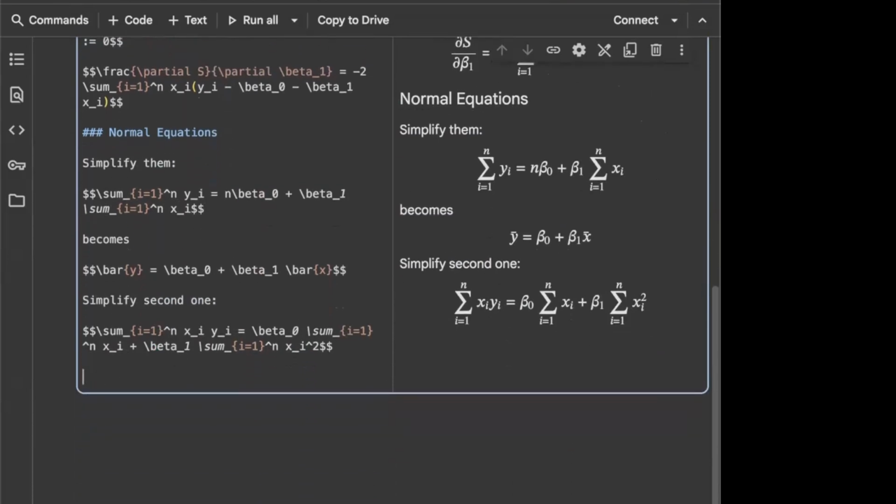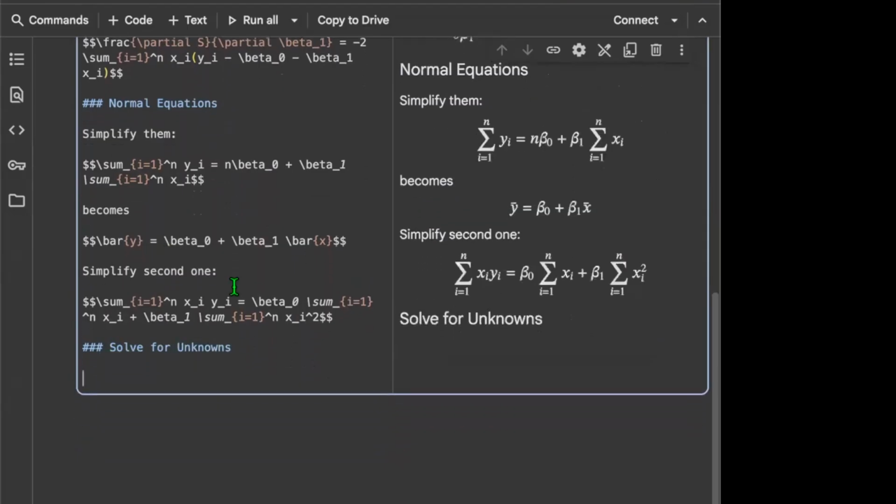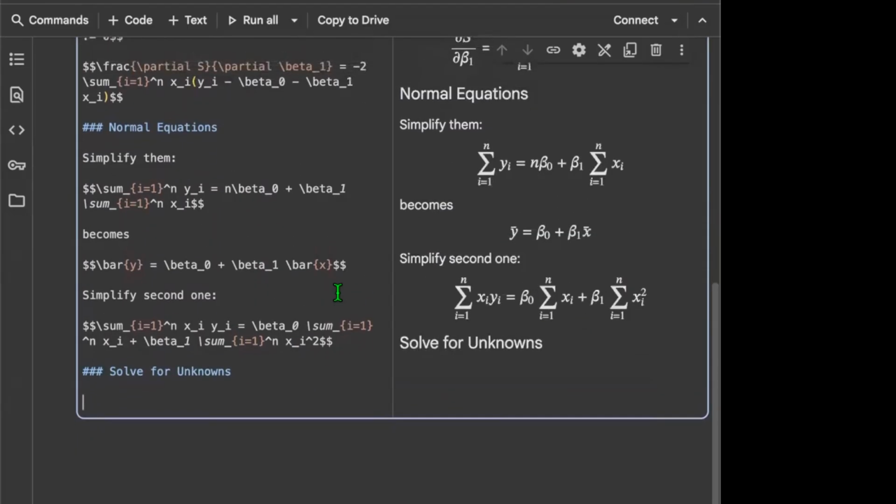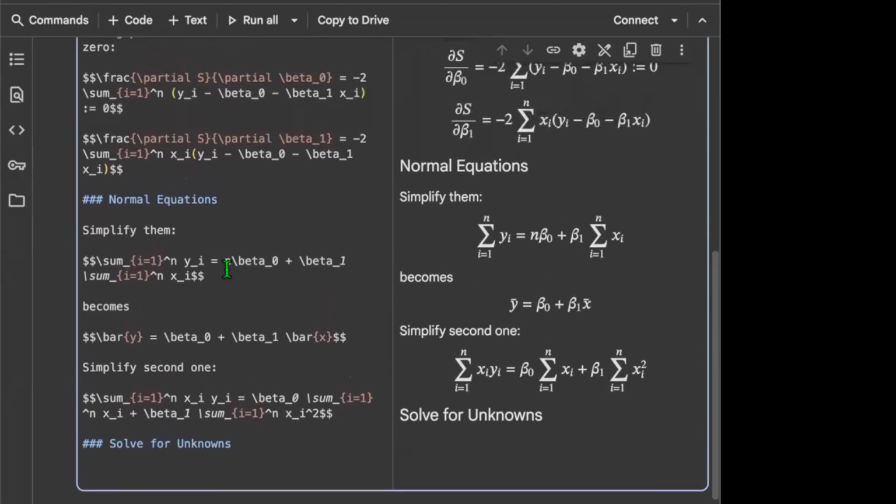So here we say solve for unknowns. This is where you put the two equations together, and you basically take the first equation, which is this guy here, right? This y bar, and then you write the y bar into the second equation.